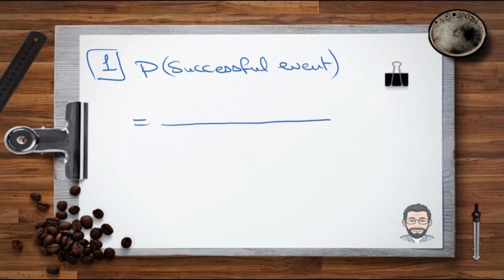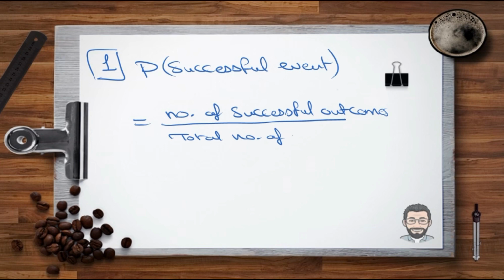Okay, I'm going to write here a fraction bar. It's going to be the number of successful outcomes over the total number of the possible outcomes.